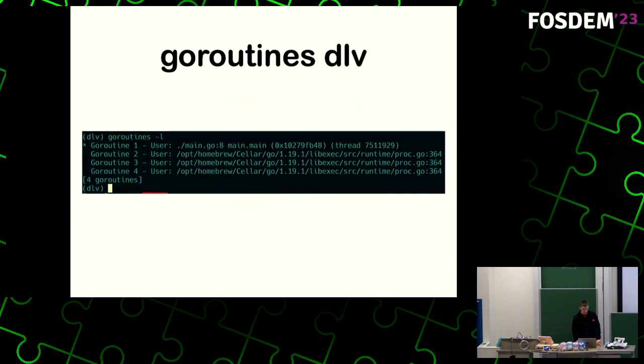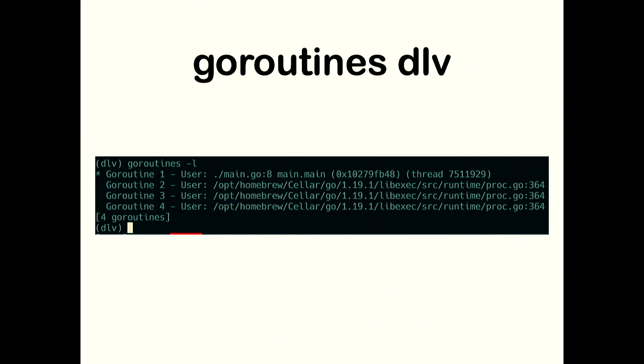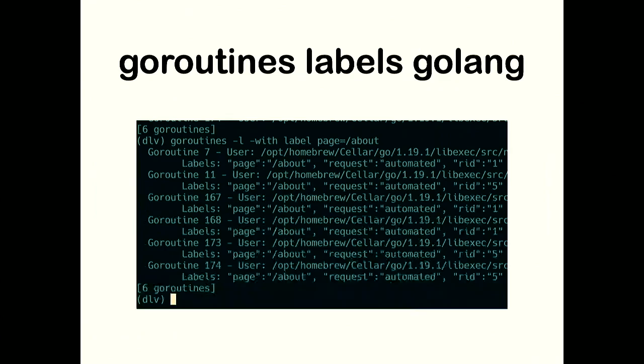Then, if you run the goroutines command inside the Delve debugger, with -l, it will print goroutines. It's just a very simple hello world, which has this main goroutine and a few other goroutines without any labels. But then I created another project inspired by one article.